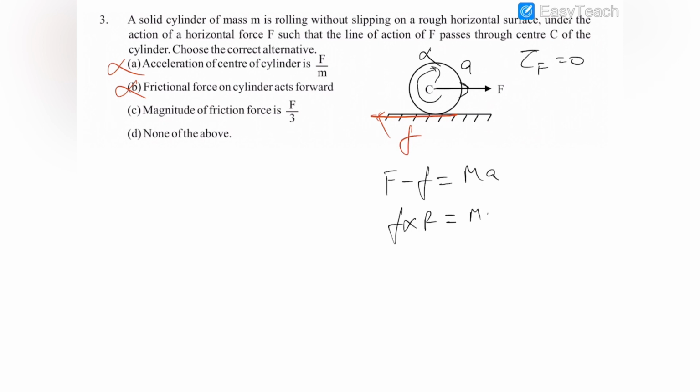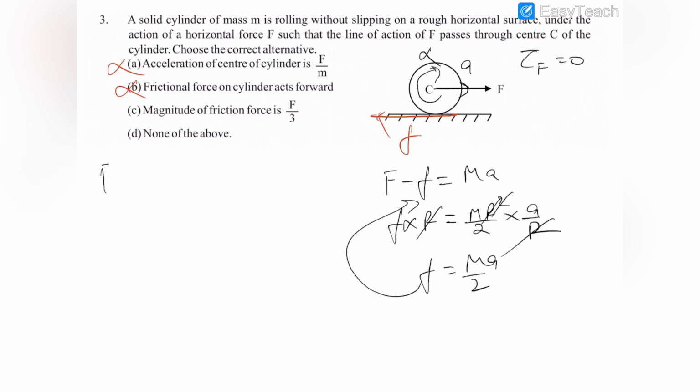For a solid cylinder, I is mr square by 2 and alpha is a by r. So cancelling r with r, f is equal to ma by 2. If I substitute this value here, F minus ma by 2 is ma, so F is equal to 3 by 2 ma.